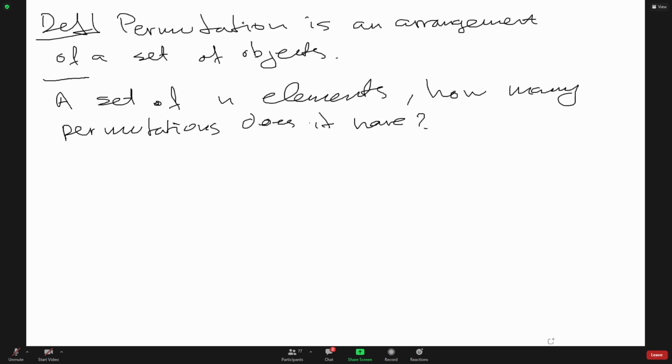Sir, it's me. Ah, okay. I didn't understand. Sorry. So why is it n factorial? Because permutation is an arrangement. So if we have a set of numbers, we want to arrange these numbers.